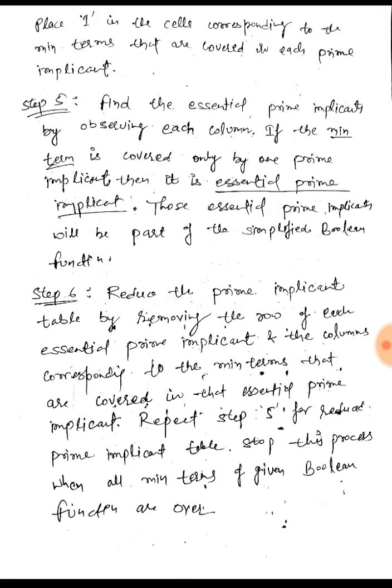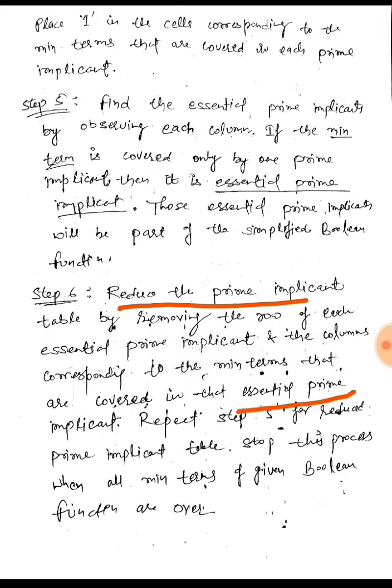In step 6, reduce the prime implicant table by removing the row of each essential prime implicant and the columns corresponding to the minterms that are covered by that essential prime implicant.